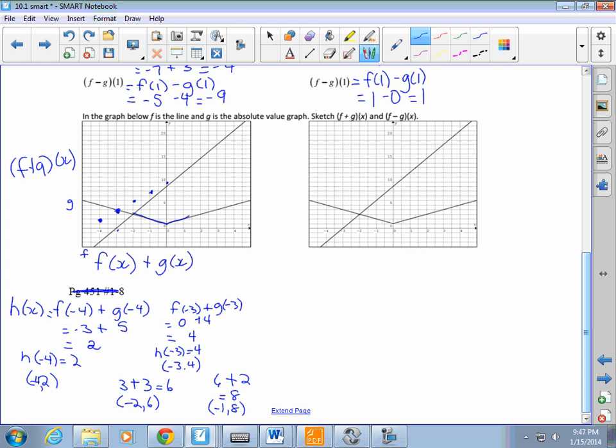It's 1 away from my line because it's 1 away from that x-intercept. Right here. This point here was 1 away, so if you can see, the relationship is happening right here.